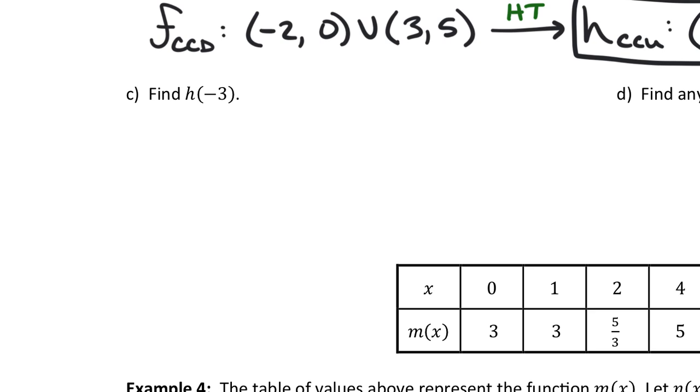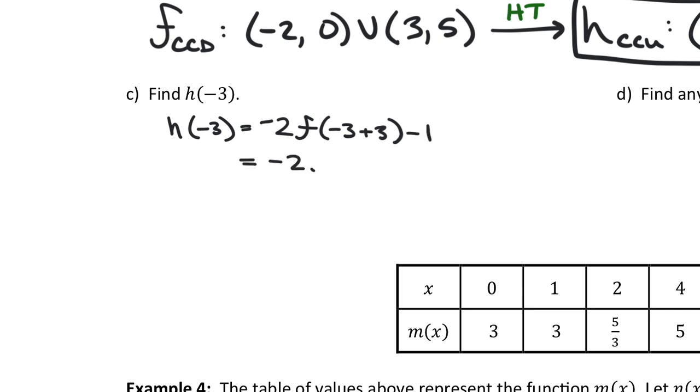So for H of -3, that's an input value, so I plug it in. H of -3 would be -2 times F of -3 plus 3 minus 1, which is -2 times F of 0 minus 1. When you go read your graph, we need a number for F of 0.